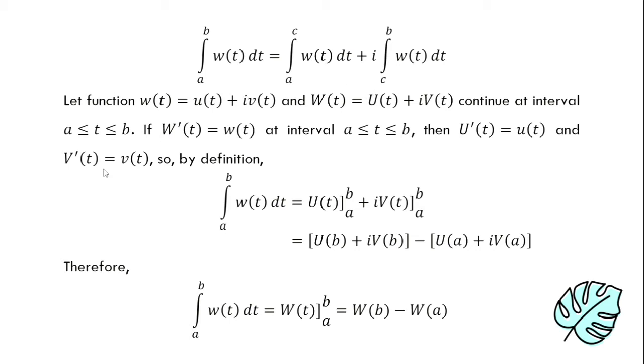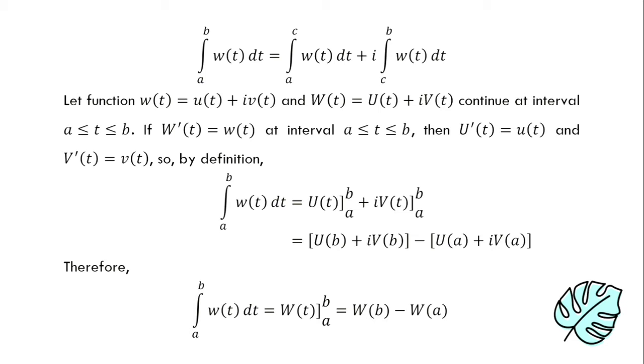Let the function w(t) equals u(t) plus i v(t) be continuous on the interval a less than or equal to t less than or equal to b. If W'(t) equals w(t) on the interval a less than or equal to t less than or equal to b, then U'(t) equals u(t), and V'(t) equals v(t).